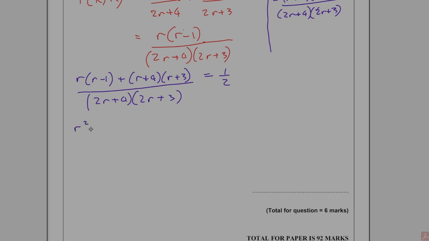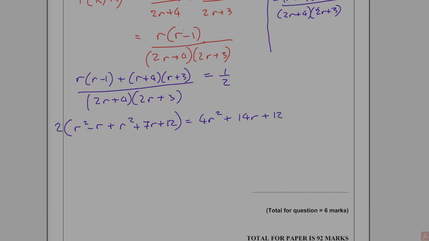So that would give me R squared minus R plus R squared plus 7R plus 12, and that's going to be equal to, and I'll put the 2 there, and then if I expand this bottom line, that's going to give me 4R squared plus 6R plus 8R. 6 plus 8 is 14R plus 12.